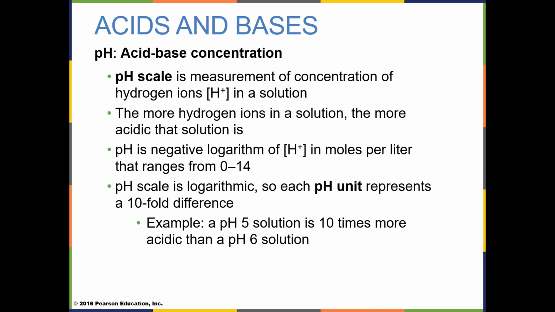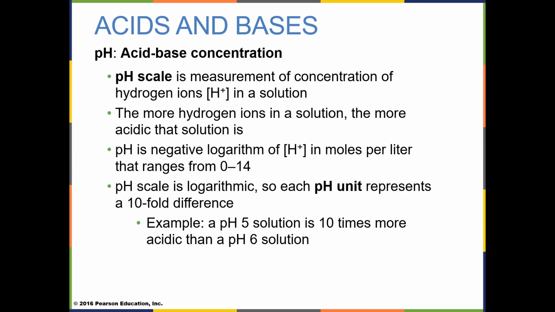If we go up the scale, we see another 10-fold increase. If we go from 7 to 8, instead of hydrogen ions, we have hydroxyl OH ions. So a pH of 8 has 10 times more hydroxyl ions than 7.